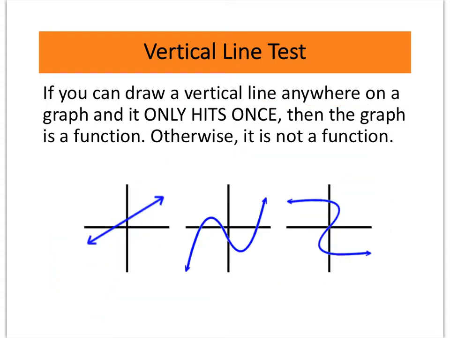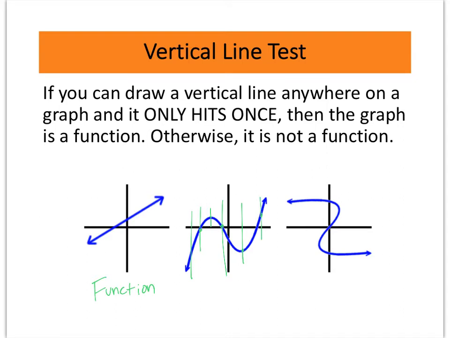Here are 3 examples. I just want you to take a quick moment to decide, are these functions or not functions, and maybe use the vertical line test. So quickly looking through, this is a function because every vertical line will only cross once. This too is also a function, and even though it's a little curvy, every vertical line only crosses once.